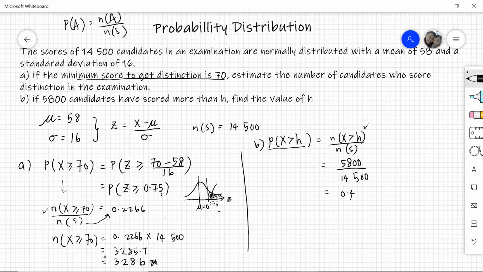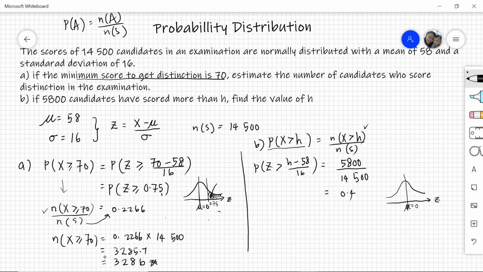So we will have the probability of Z-score greater than (H minus 58) over 16 is equal to 0.4. And always use the bell curve to help us. The bell curve is very important. On the bell curve, it is above the Z-axis, not the X-axis, because we already adjusted the whole graph back to the mean 0.